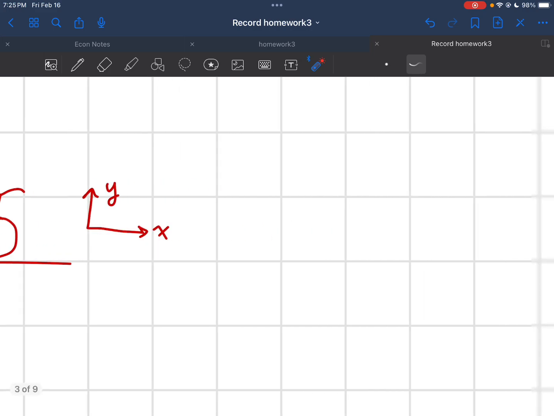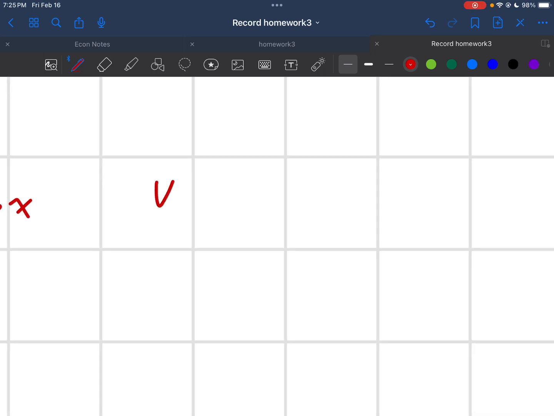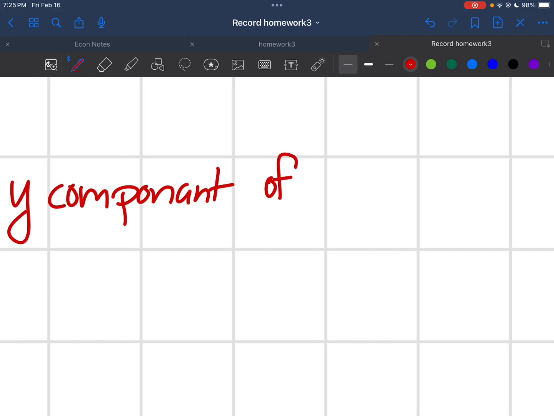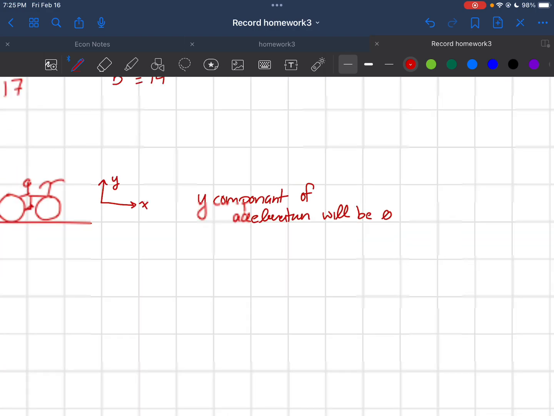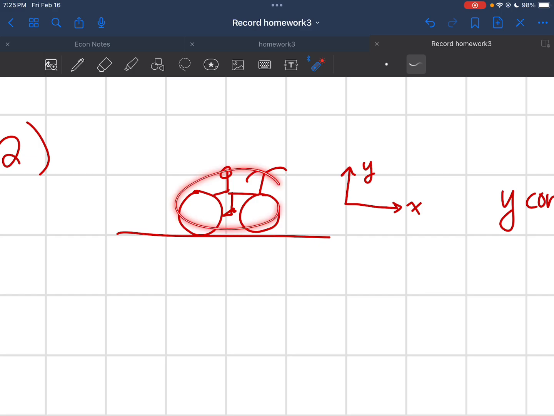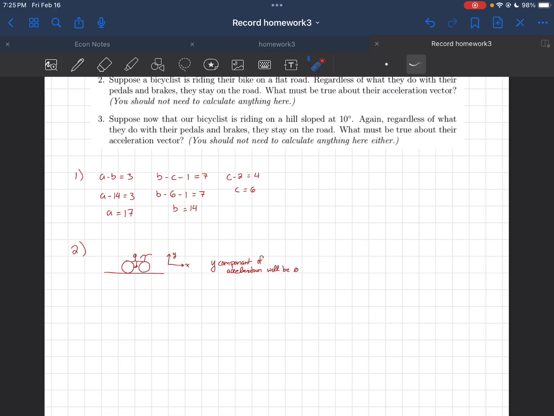So we can say that the y component of their acceleration will be 0, right? They're not going to be accelerating at all in the y direction. They're just accelerating in the x.